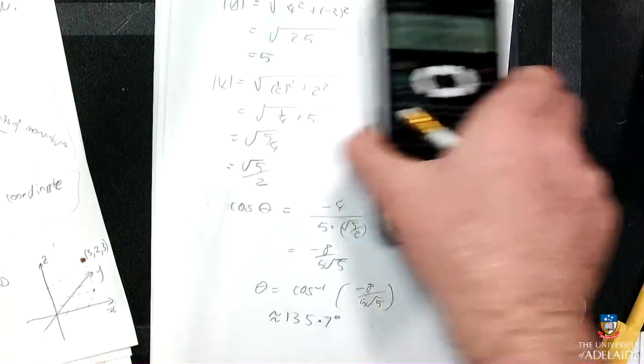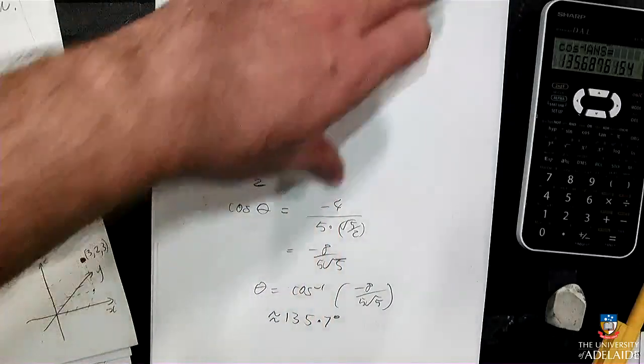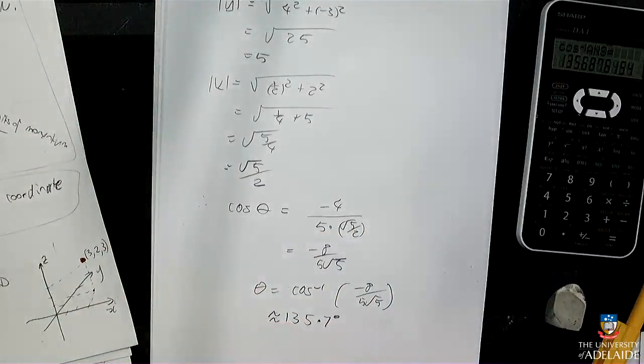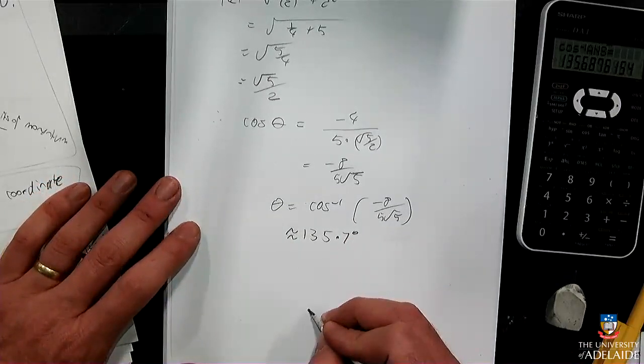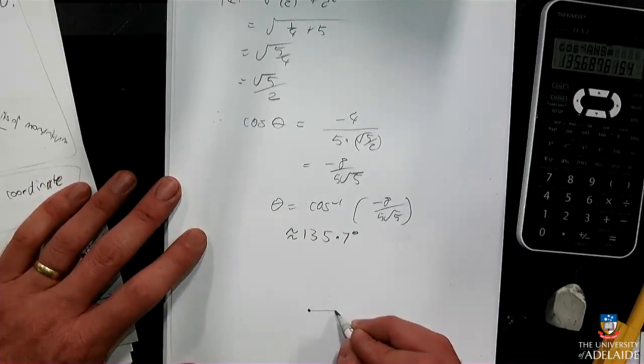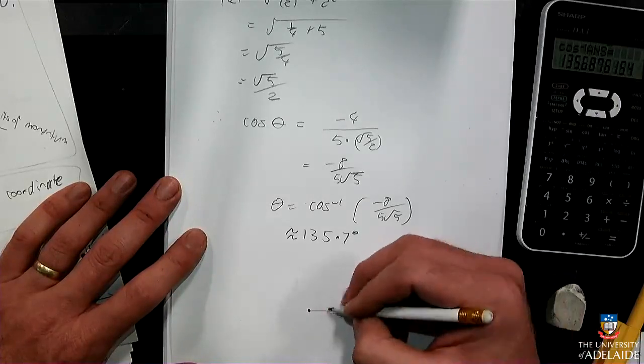I just want to check if I believe this. The negative dot product will always come out to an angle that's above 90 degrees. And I just want to draw a quick picture of these vectors. So 4, and negative 3, that's u.